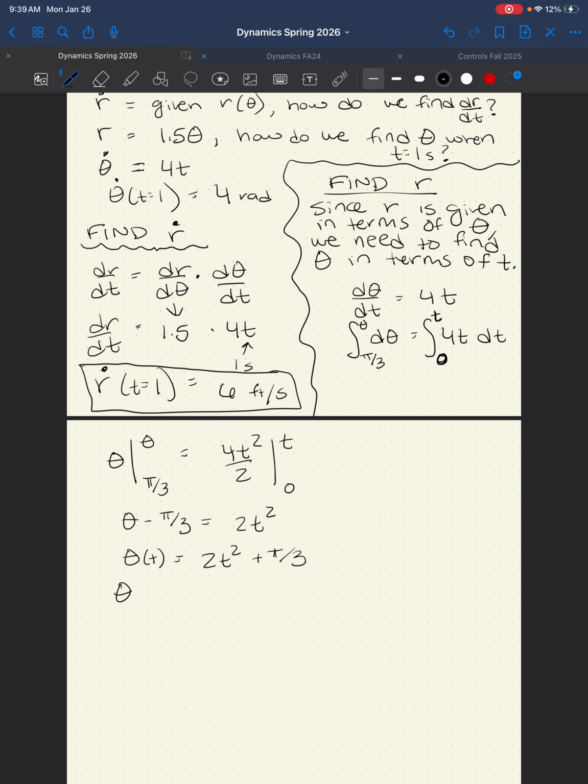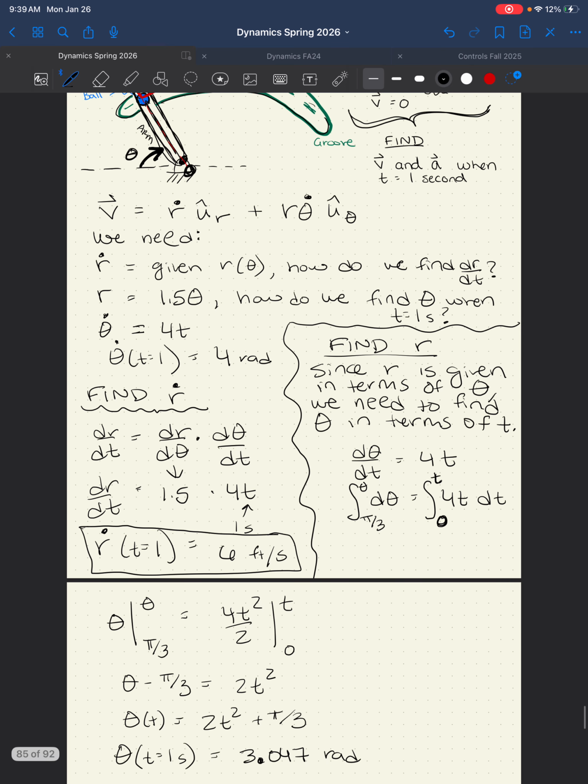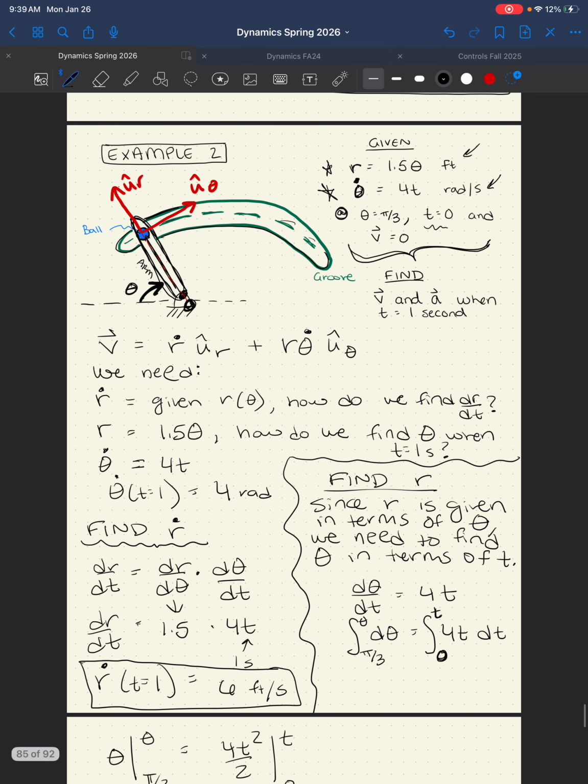And now if I want theta for t equals 1 second, this is just 2 plus pi over 3, which should be 3.047 radians.